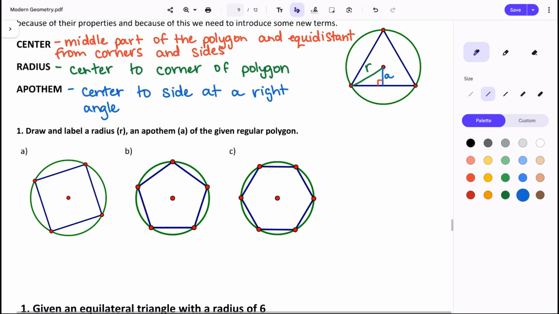Okay, why don't you guys go ahead and compare with someone sitting next to you and see if you guys agree with how they drew their radius and their apothem. So take 30 seconds to kind of compare with each other.